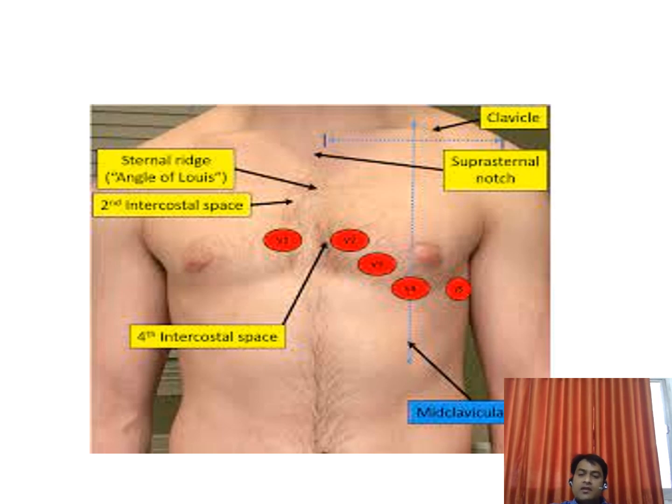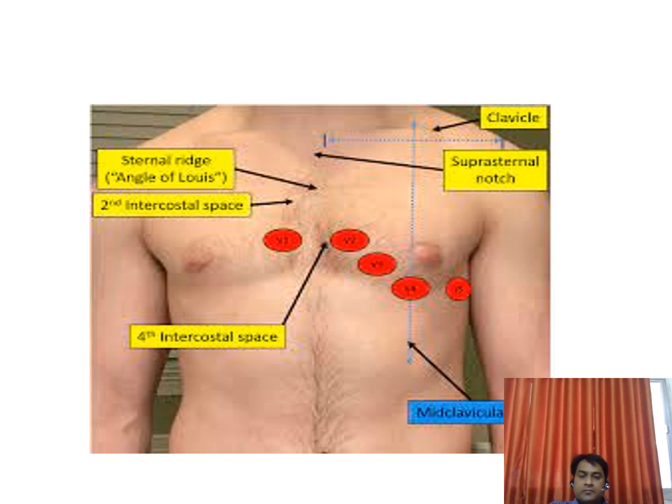In the unipolar limb leads, there is only one active electrode, and depending upon which limb you place it on, you label it VR, VL, VF, and the other limbs are connected through a high voltage resistance to the negative terminal, with their potential kept at zero.